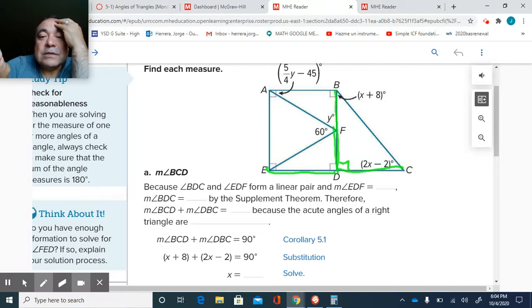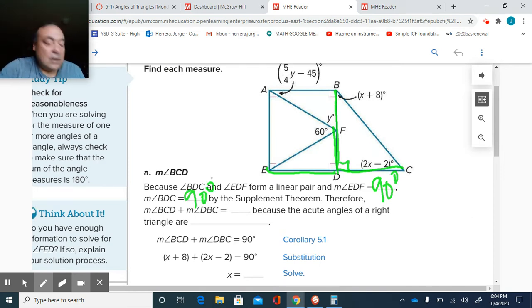This one is 90 degrees. So that's a linear pair, which will equal 180 degrees. Okay. And therefore, EDF, guys, will also be 90 degrees. And BDC will also be 90 degrees.